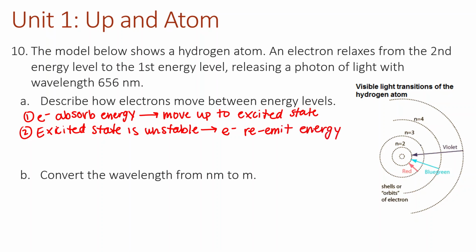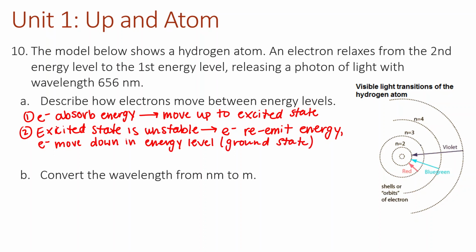And then this allows them to move down in energy level. This is what we call the ground state. Now, the ground state doesn't have to be the first energy level.